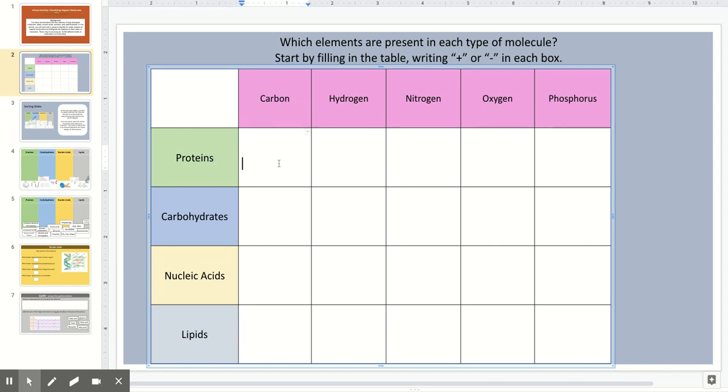If you believe they do contain carbon, put a plus sign. If you believe proteins do not contain carbon, put a minus sign. You'll do that for hydrogen, nitrogen, oxygen, and phosphorus. And you may use any of your resources to help you with this slide.